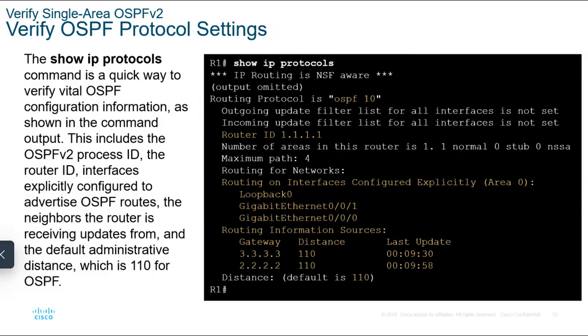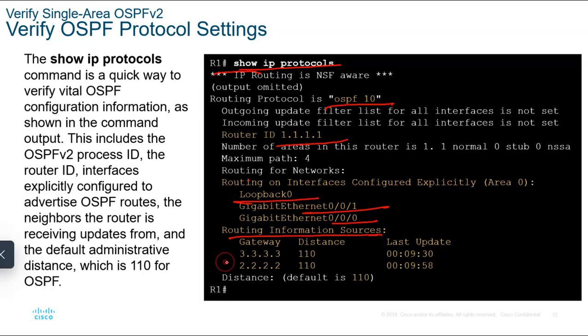Verifying the OSPF protocols, show ip protocols. Because this is router 1, this ID is the router ID here. Then we can tell the networks where we have the participating interfaces, the loopback interface 0, this, and this. But here we need to look at the neighbors.